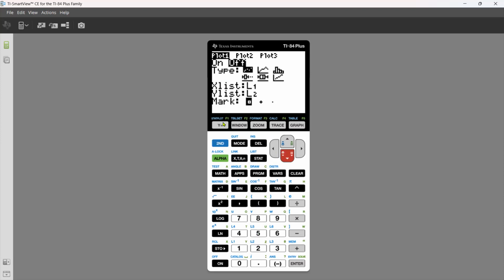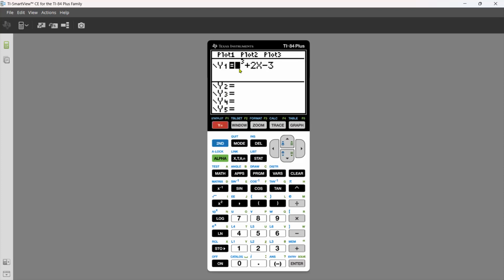Hit y equals right now. Make sure that your y equals doesn't have an equation in it, because otherwise it'll graph that for you, so you don't want to do that.